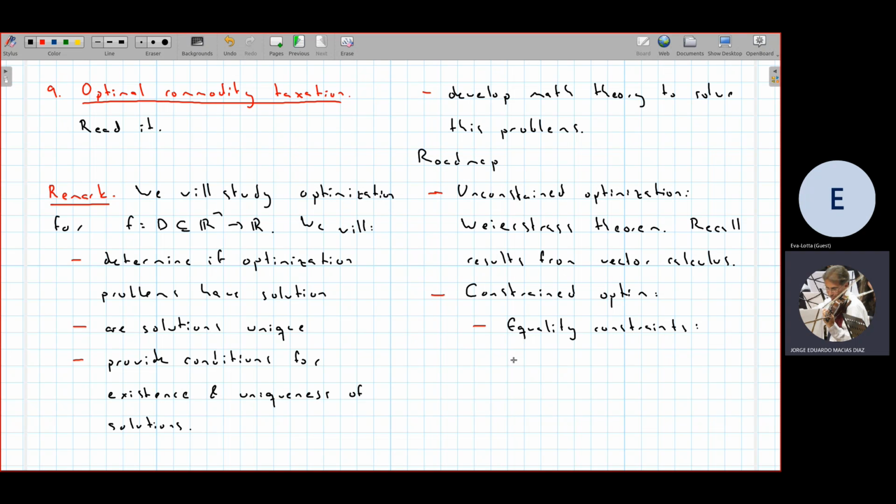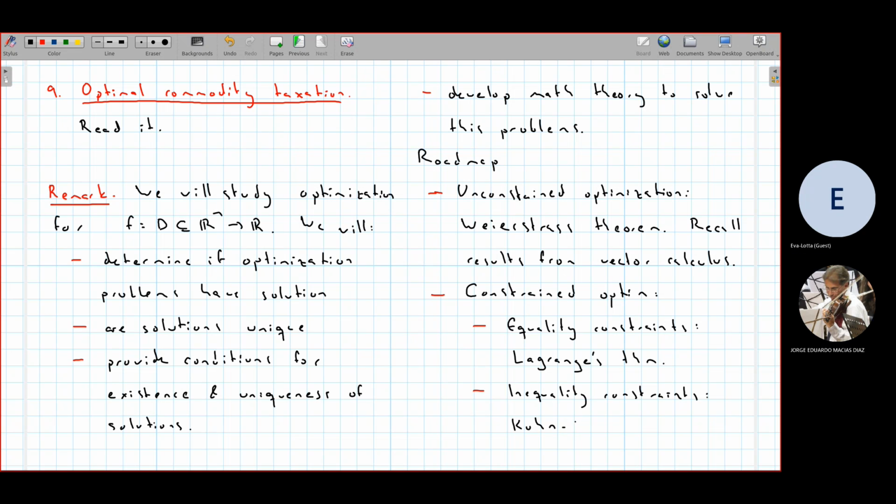And the most important tool in this case will be Lagrange's theorem. And then we're going to talk about inequality constraints. And the most important tool in this case will be the Kuhn-Tucker theorem.